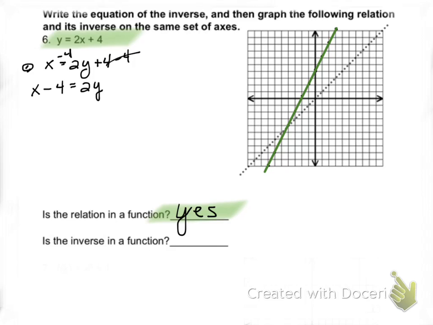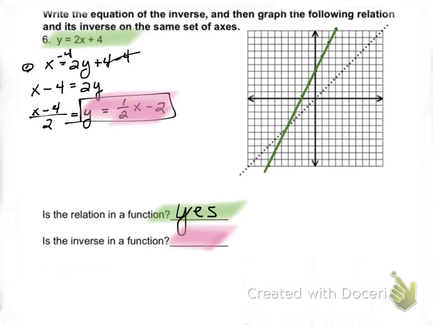Dividing by 2, x minus 4 over 2 equals y, or that's the same as 1/2 x minus 2. And that's a better choice since we want to graph it. And we're going to graph it in pink like we've been doing. And our answer to this question will be pink.